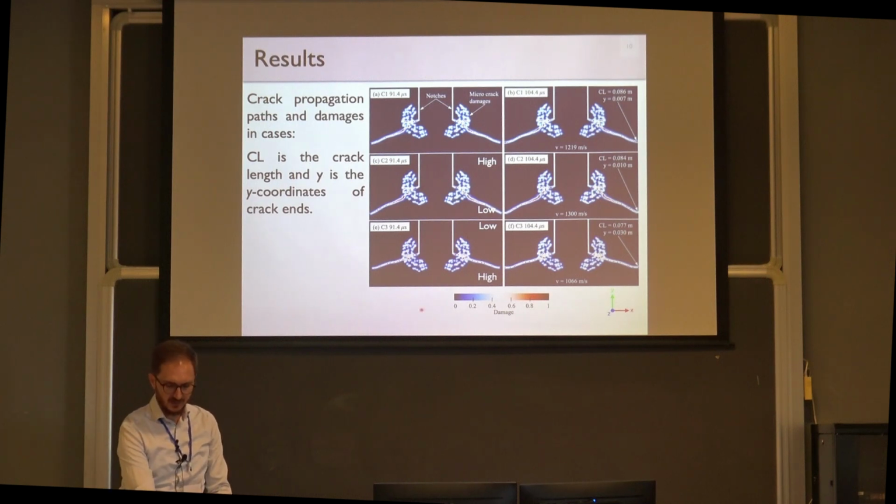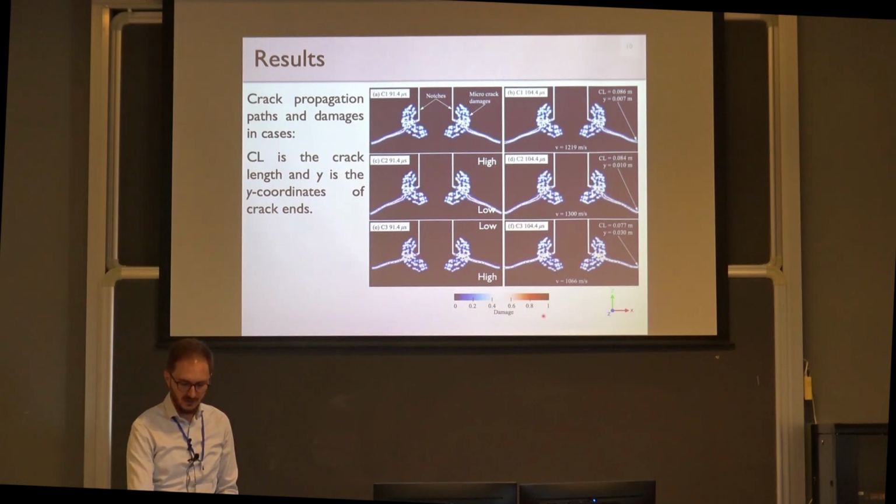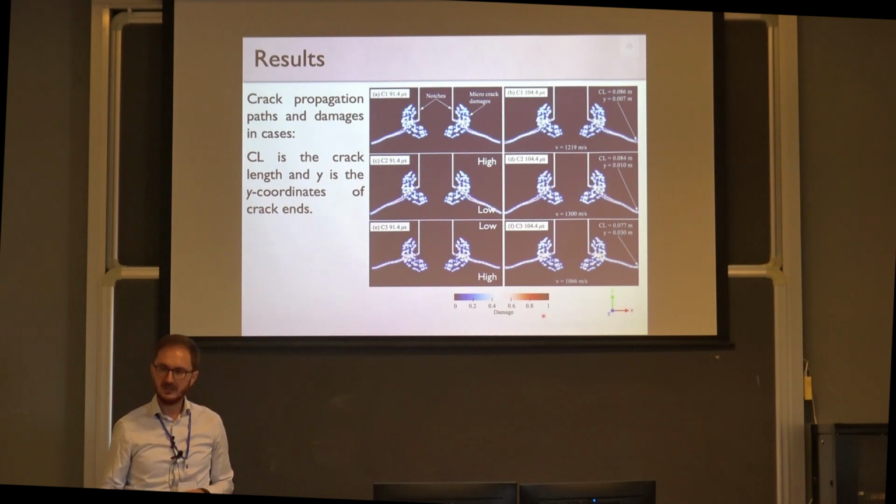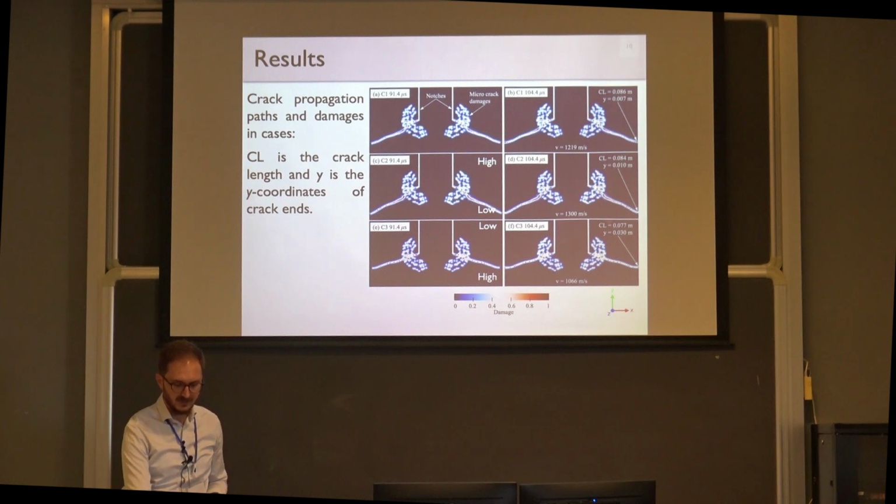You see the damage scale that varies between 0 and 1 below, and the complete fracture occurs at 95 microseconds and 100 microseconds for case 2 and case 3, but it's a little bit longer in case 1. Case 1 is the homogeneous material model, as I said. In case 2, the material properties are high at the top and low at the bottom. Case 3 is the opposite of case 2.